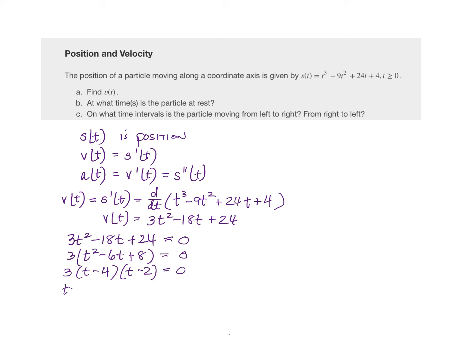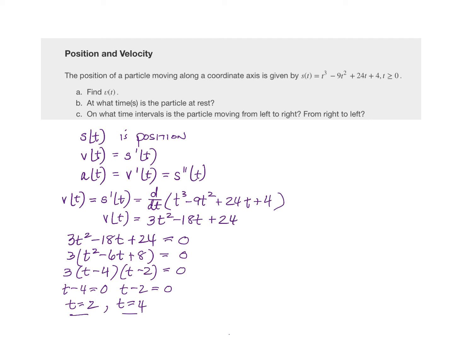So that means that t minus 4 equals 0, t minus 2 equals 0, and that means t equals 2, or t equals 4. So at both of those points, at 2 seconds and at 4 seconds, this particle is at rest. And I'm assuming it's seconds, although it does not say seconds. So it could be minutes, I guess. But nonetheless, we have t equals 2 and t equals 4 are the times at which the particle is at rest.